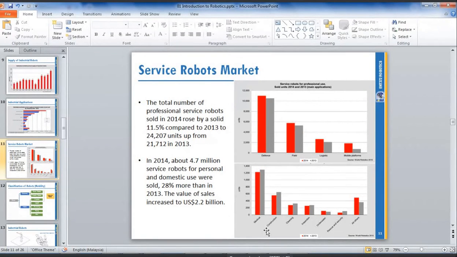Medical, construction, cleaning, inspection, underwater, submarine remote control robot. Rescue and security, and others. Medical because of hygiene. So they use a robot for hygiene and high repeatability.